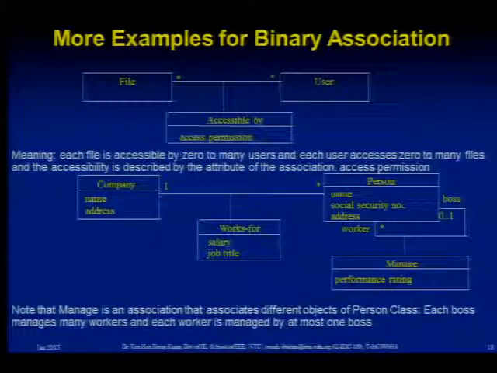This association is to show the general property of each and every employee, so we have to include the property of the chief executive officer also. That's why we put 0 to 1. But any other employee will report to a boss, right?